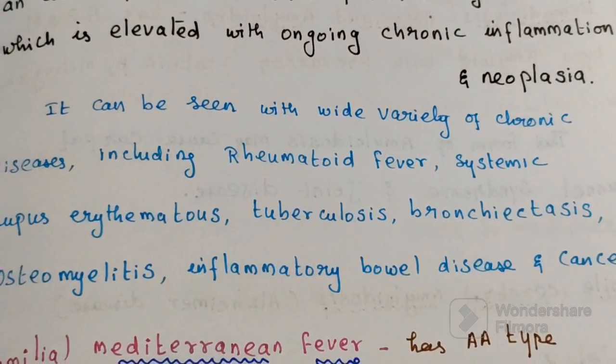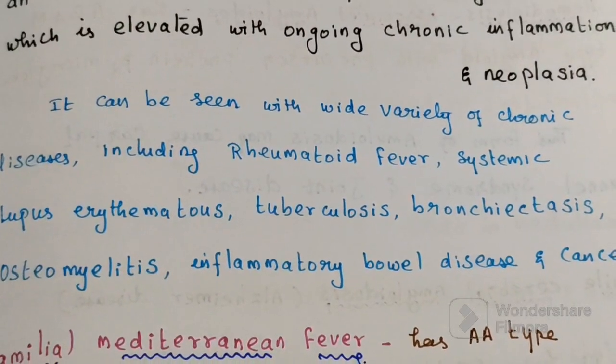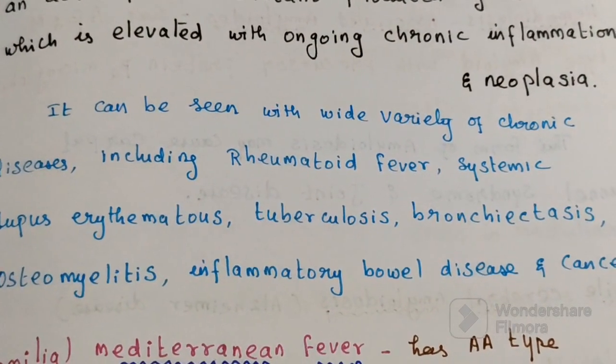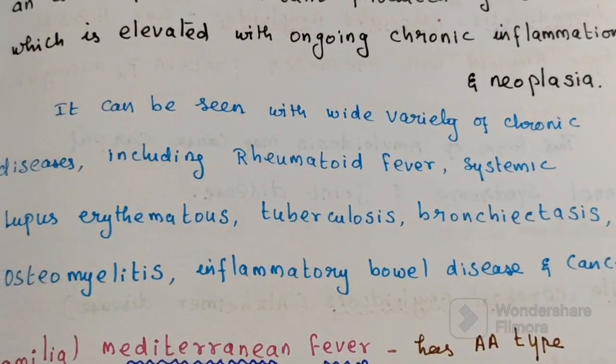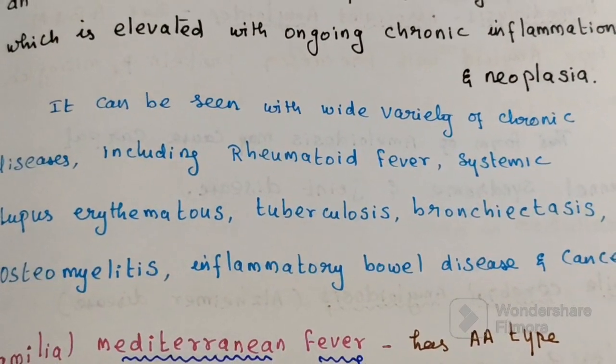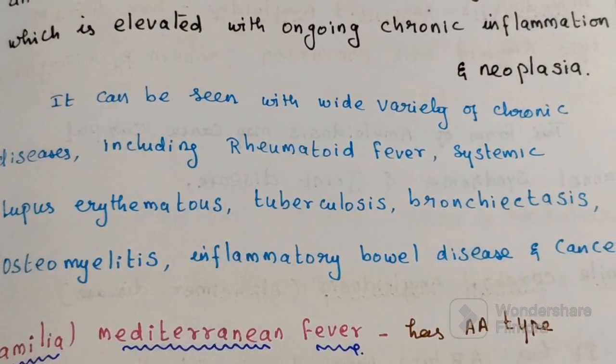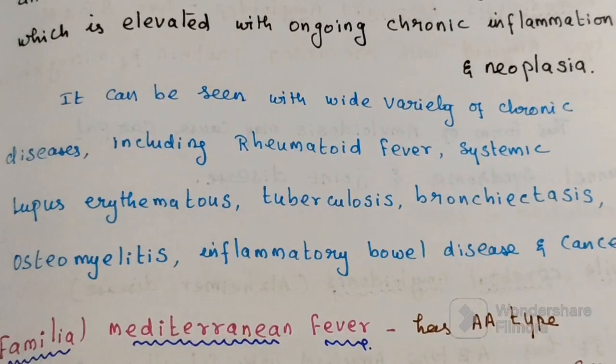In case of cancer or chronic inflammation, there is a continuous production of cytokines that stimulate the liver to produce such amyloids.